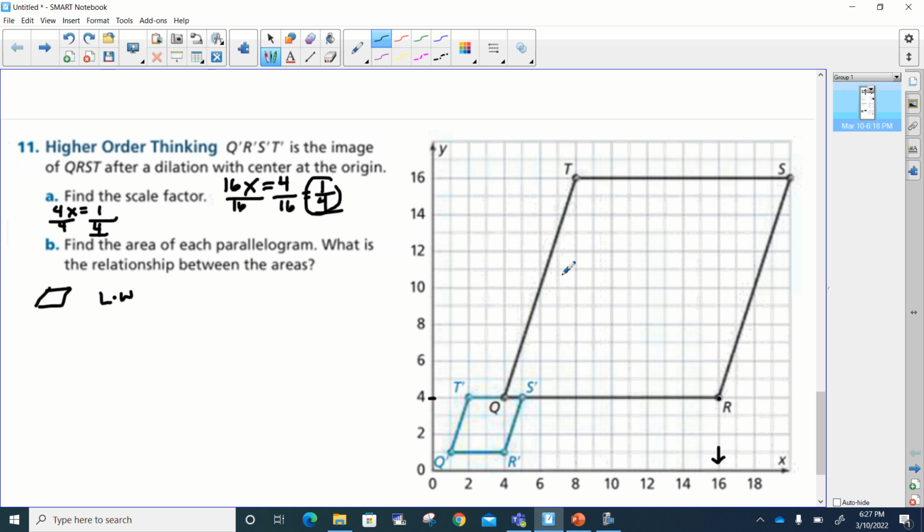And now that I know that, I'm going to say the length of this parallelogram is 1, 2, 3, 4, 5, 6, 7, 8, 9, 10, 11, 12. So the length is 12, right? And the height is 1, 2, 3, 4, 5, 6, 7, 8, 9, 10, 11, 12. So this is 12 times 12, and we know that's 144.